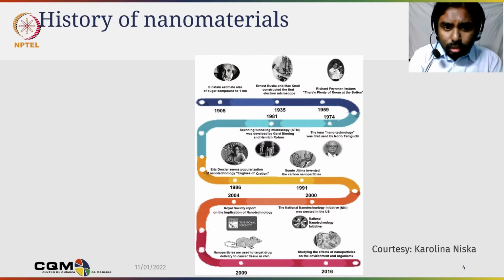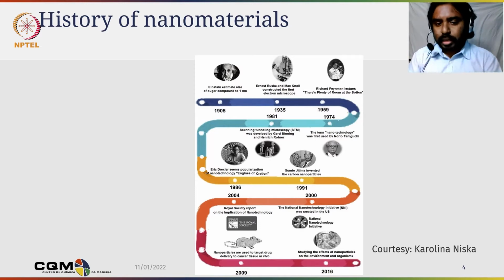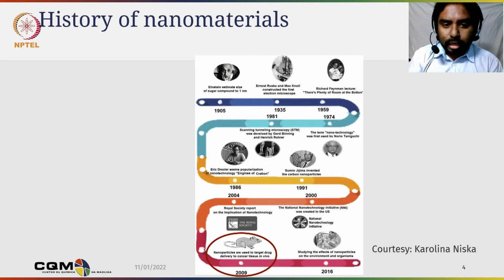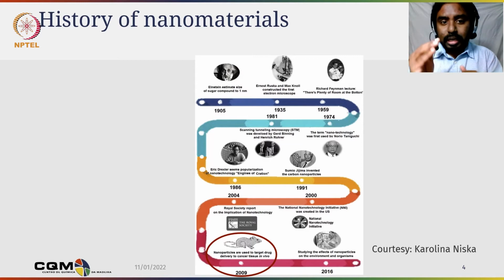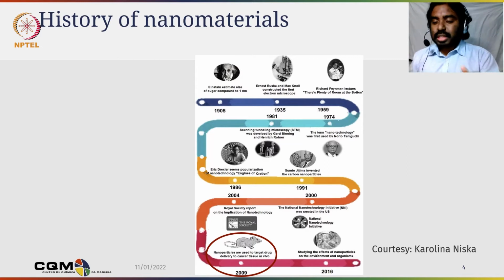Right. And in 2004, the Royal Society London started their implication of nanotechnology in the medicinal field. And in 2009 only, nanoparticles were used for targeted drug delivery systems. Right. So it started in 1905, but in 2009 only, people started to use nanotechnology for biological applications, especially for drug delivery.